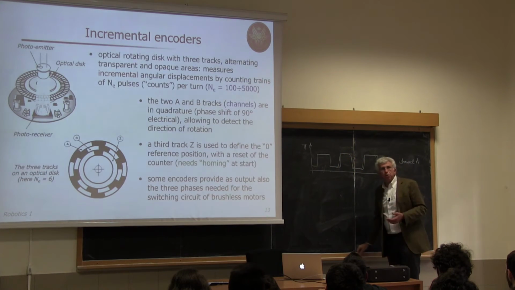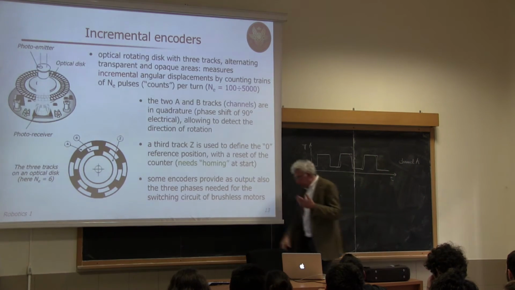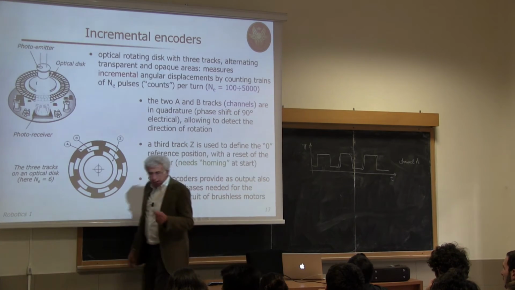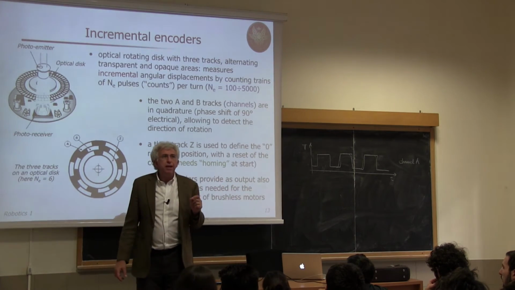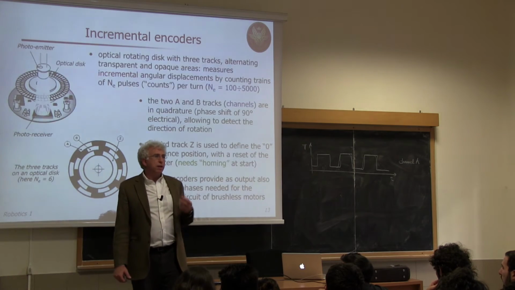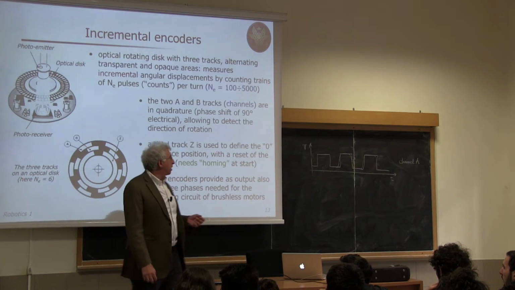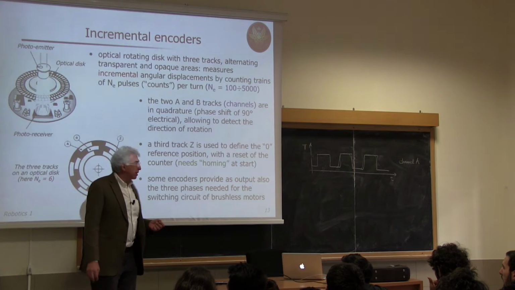And the faster you go, you have the same problem as before. There's an upper limit, and there are also manufacturing accuracy issues that you have to take into account in order to have a good incremental encoder.